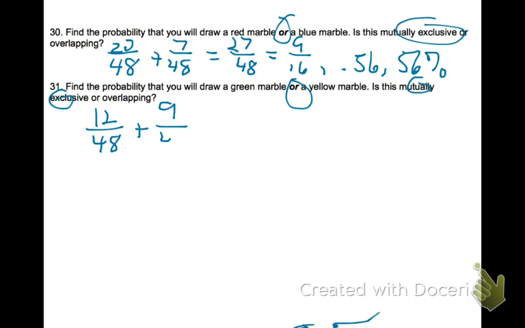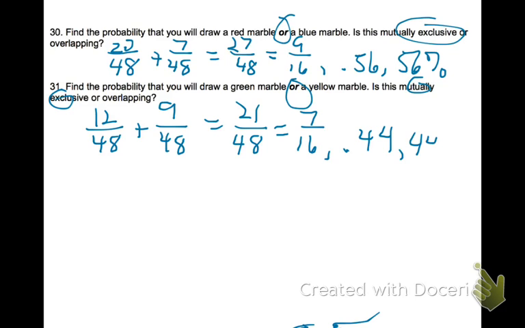So we'll add our numerators. So 21 48ths, and that'll reduce to 7/16. So we have a 0.44 or 44% chance of that event happening.